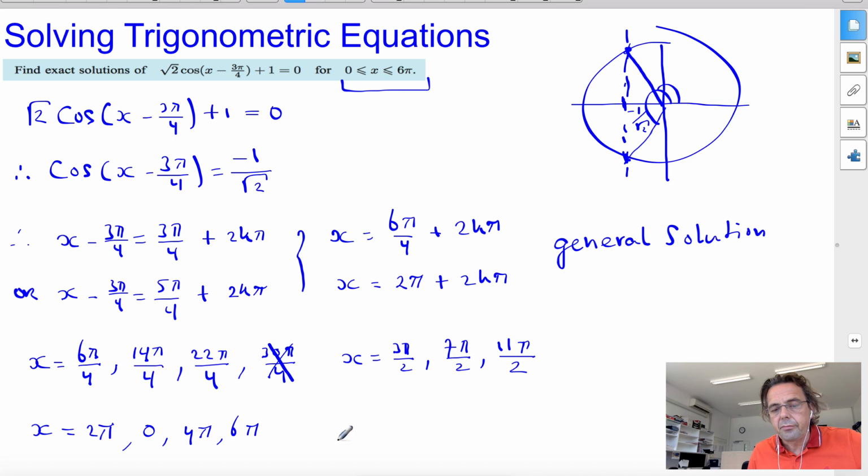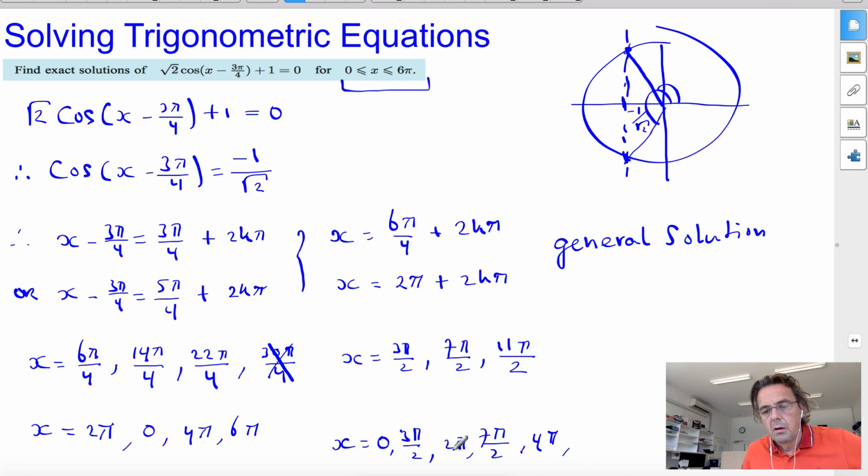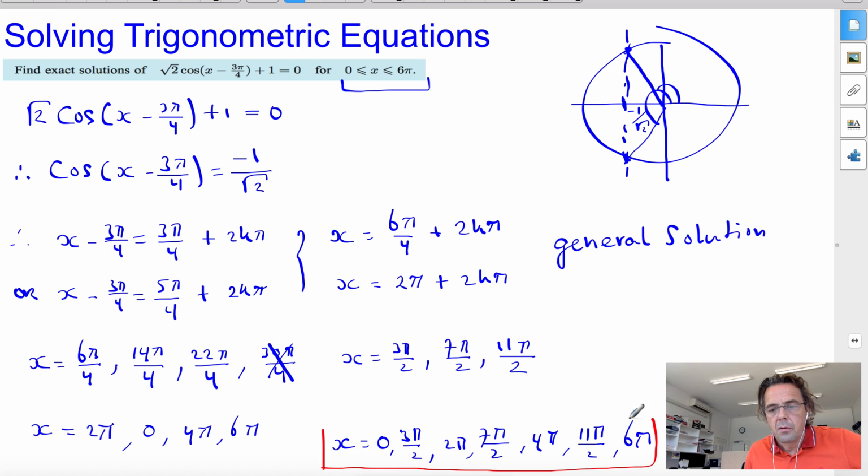Combining these, x is 0, 3 pi over 2, 2 pi, 7 pi over 2, 4 pi, 11 pi over 2, and 6 pi. So this is the solution to our problem, the specific solution on the domain 0 to 6 pi.